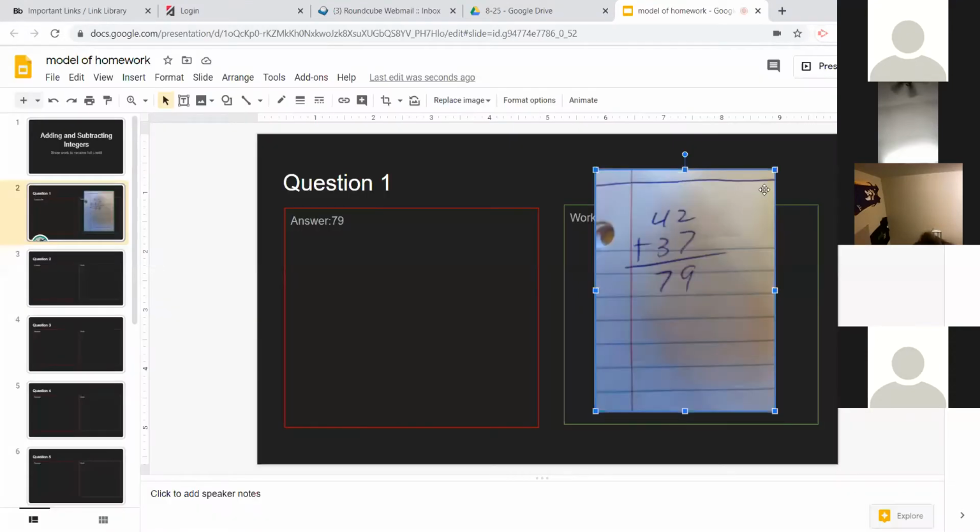It's not working because we're using it for Zoom, but you should be able to. Once you choose that option, you can just put it up to the camera and take a picture of it, and it'll upload directly onto the Google Slides.